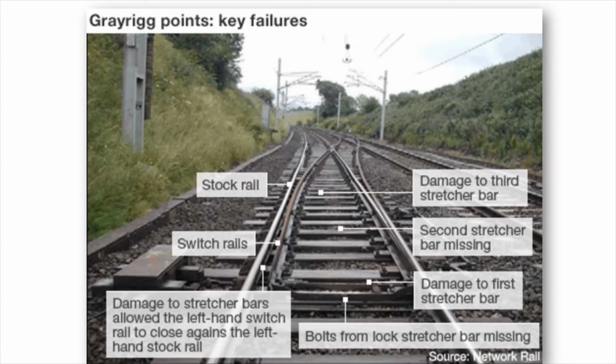After the investigation, they found the main reason was the stretcher bar was missing. At least there should be 3 stretcher bars, of which 2 were in damaged condition and the middle one was missing, which led to this accident because the train was moving at very high speed, more than 150 km per hour.